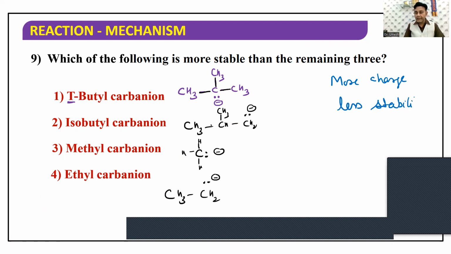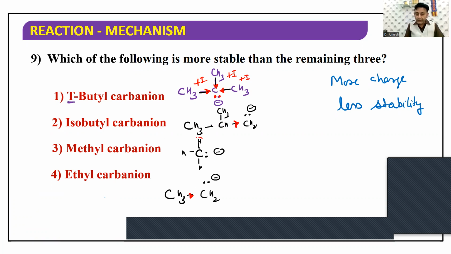And the charge is decided by the adjoining bonded atoms or groups of atoms. And here the bonded atoms are basically methyl groups or hydrogen, which are causing the plus inductive effect over here. Here we have the plus inductive effect from 3 sides, maximum intensification of negative charge, and that is why it is less stable. Here we have the plus inductive effect from one side. Here also from one side.